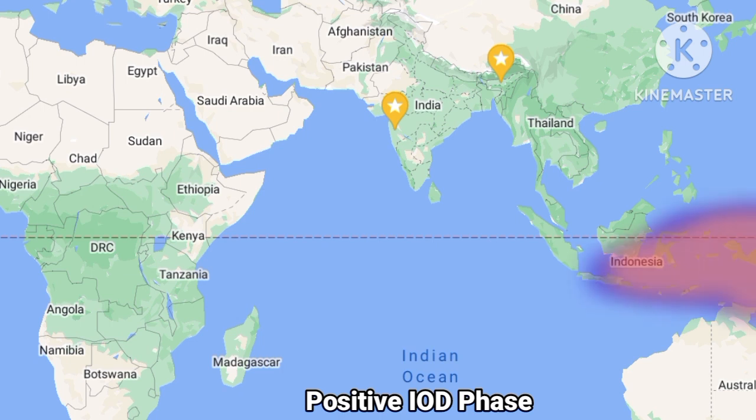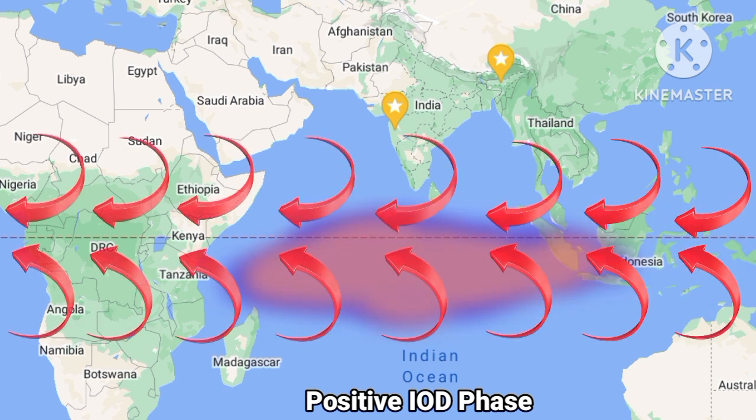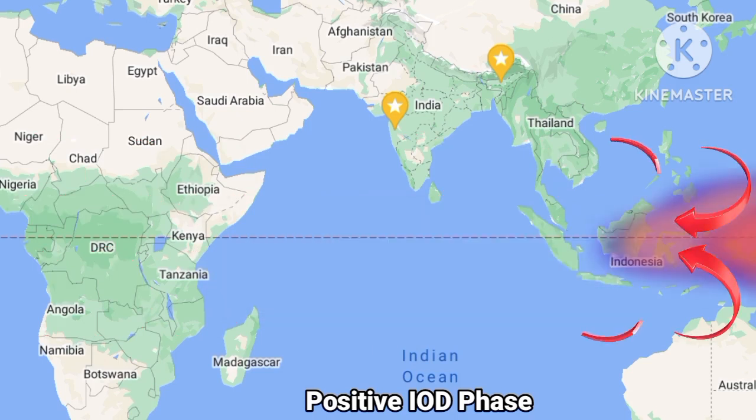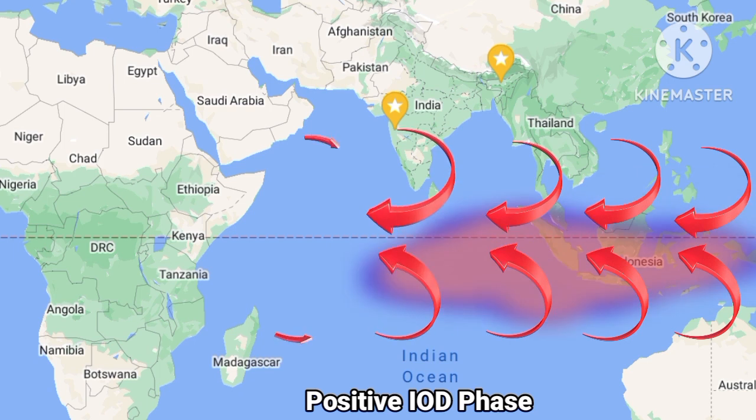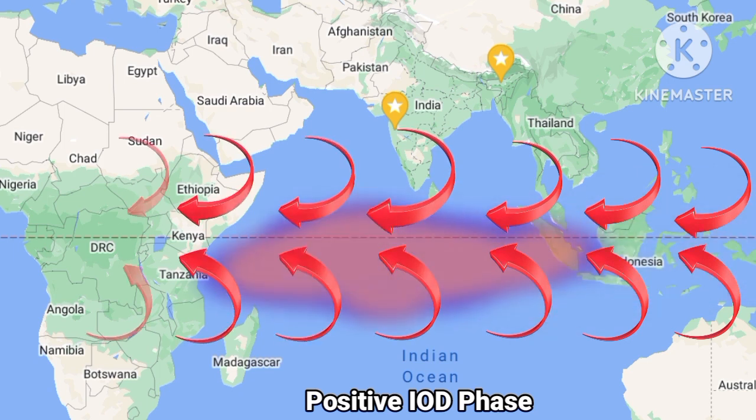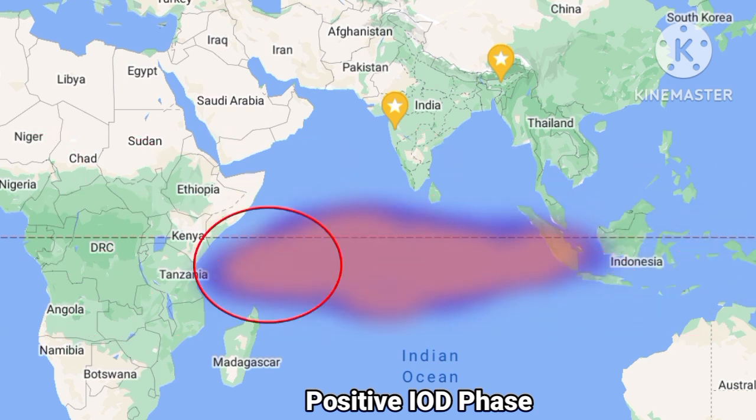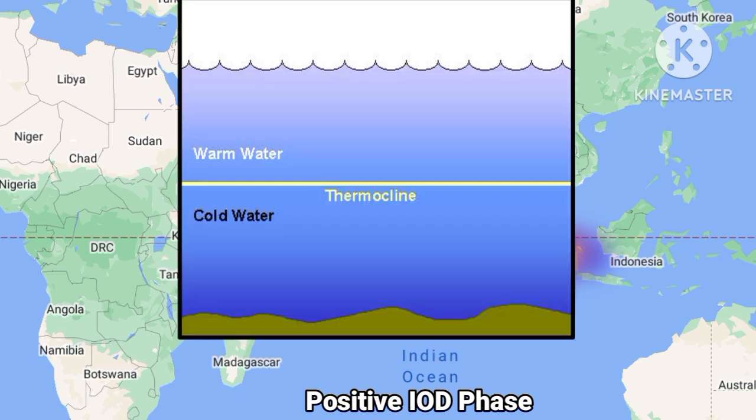In this phase, more and more warm water of the Pacific starts to flow between the islands of Indonesia and Australia. Remember that there are strong tropical easterly winds in this region. Now these strong winds push the warm surface water towards the western side of the Indian Ocean, that is, near Africa.